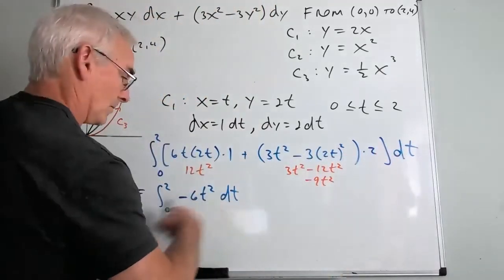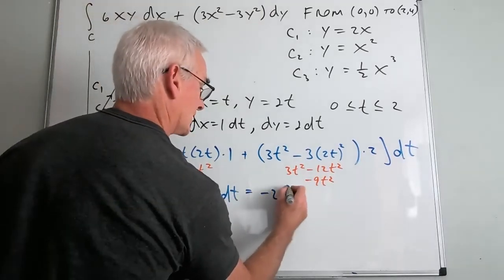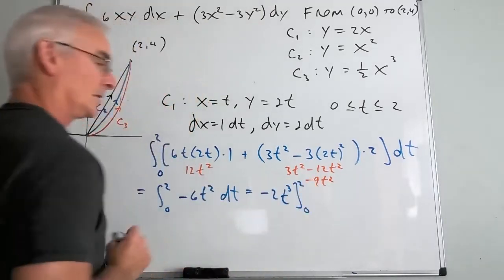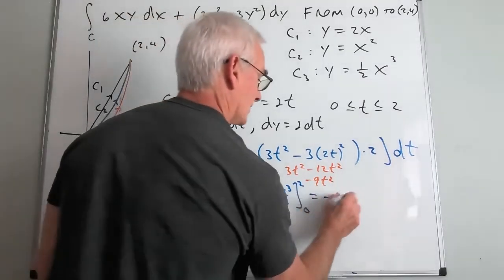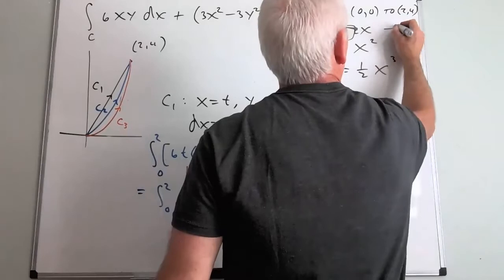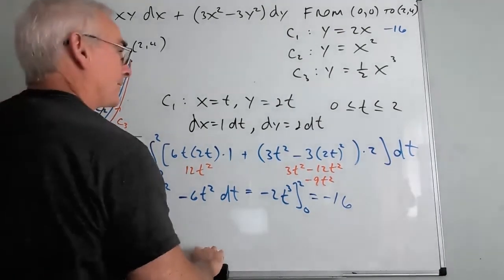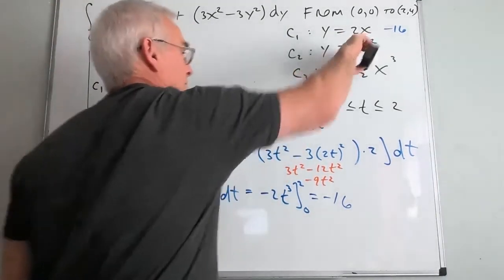So this is going to give me negative 2t cubed from 0 to 2. So that would be negative 16. If I did this right, I got negative 16. So I'm just going to write it right here. Our first answer was negative 16. And I'm going to write it there because I'm going to need to erase all this. Because now we're going to do it again, but we're going to do it for this one.